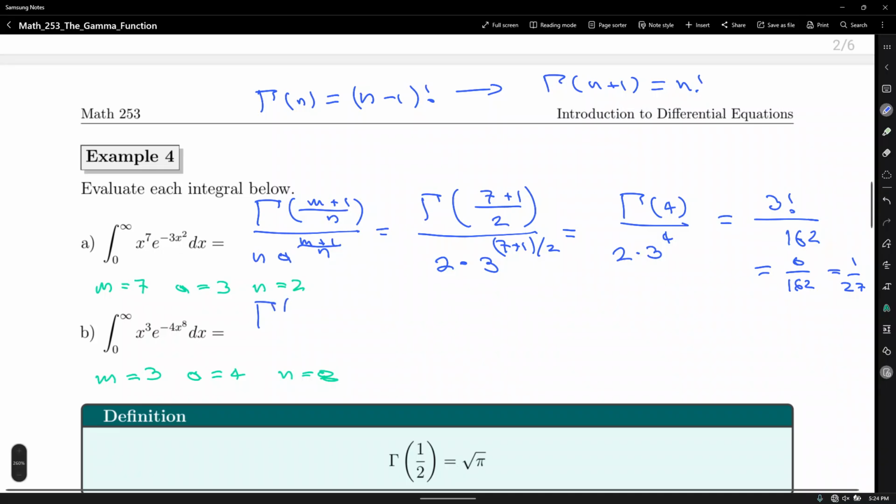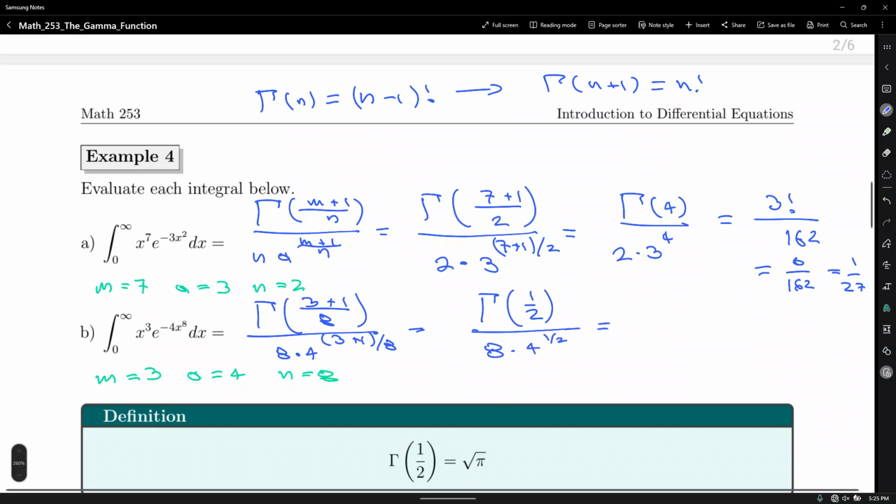This is gamma of m, which is 3, plus 1, divided by n, which is 8, and that divided by n, which is 8, times a, which is 4, to the power 3 plus 1 over 8. So 3 plus 1 is 4, 4 divided by 8 is 1 half. So that's gamma of 1 half divided by 8 times 4 to the 1 half.